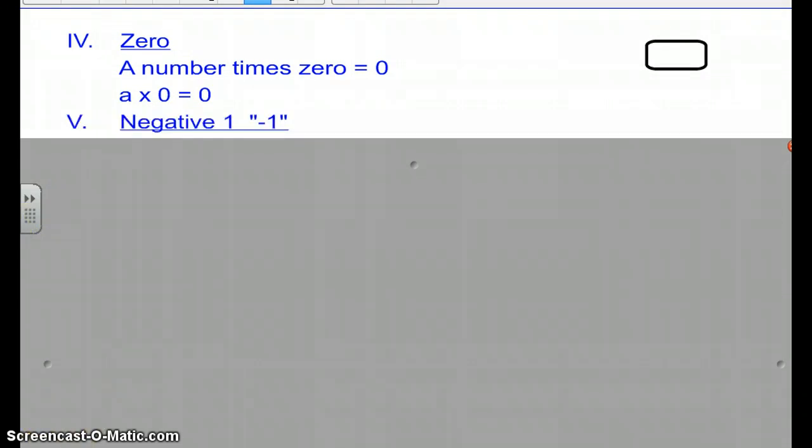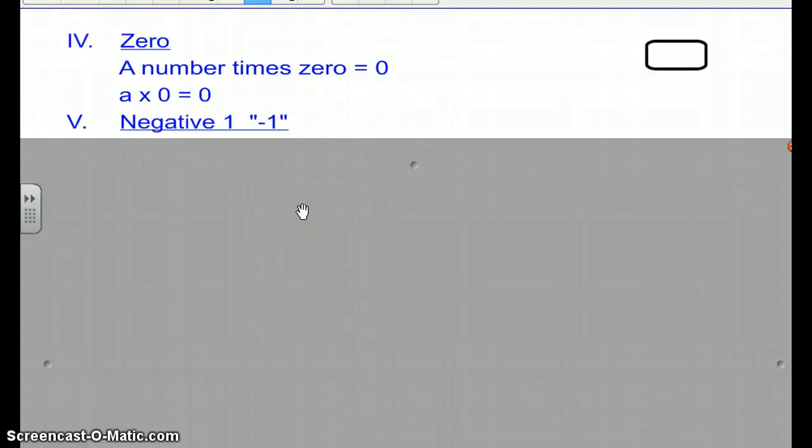The negative 1 property of multiplication. What happens when we multiply any non-zero number by -1? If we multiply any non-zero number by -1, Anthony, what happens? Well, okay, what if I multiply -5 by -1? Then it becomes positive. So what can we say about multiplying any non-zero number by -1?